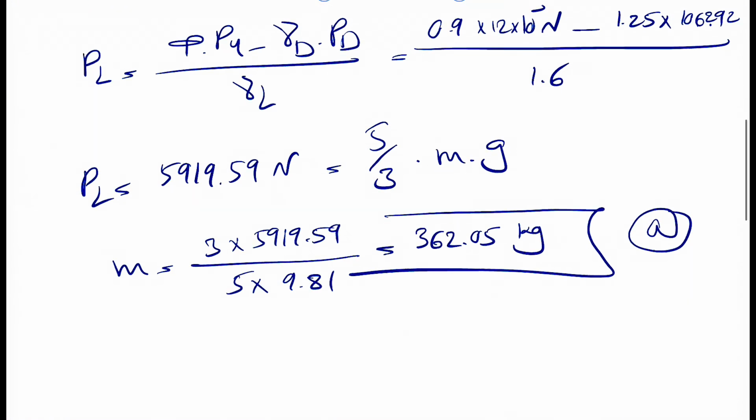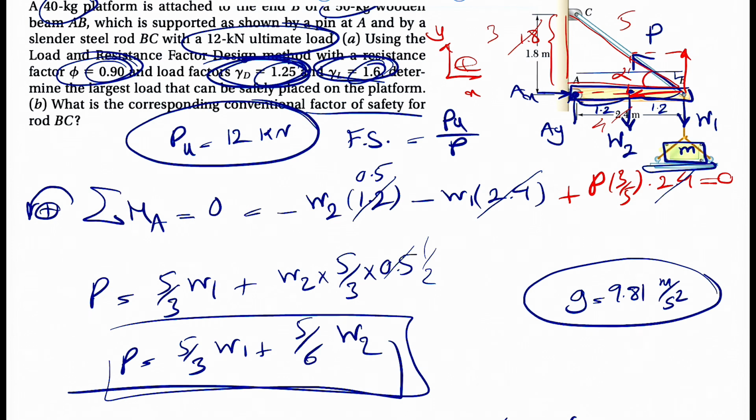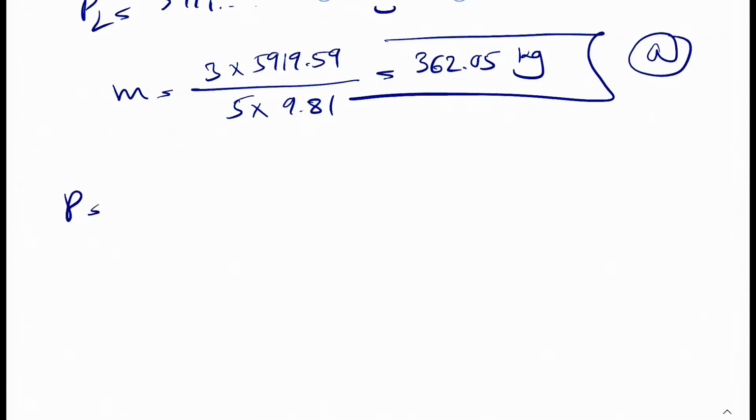So that was the A part of the question, and for the B part, we had to find the corresponding conventional factor of safety, which is the formula that I wrote in here. We already have PU, and we just need to find the P, and our P is basically the dead load plus the live load, which we found both in the previous step.